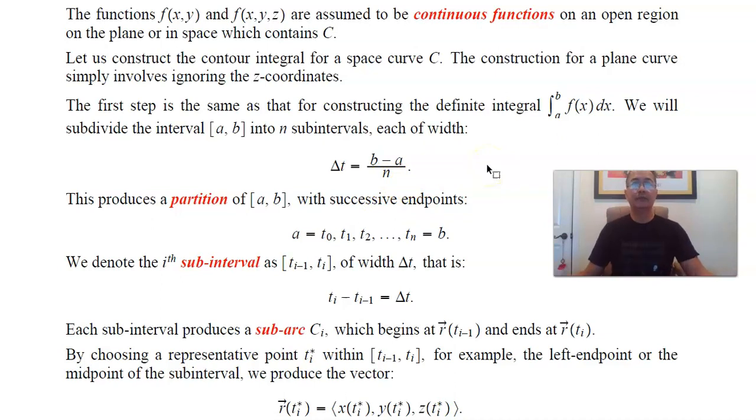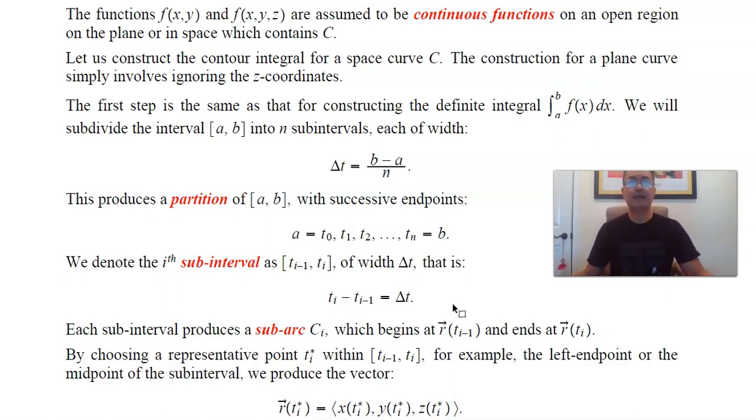Just like way back in chapter 2, this partitions our interval into subintervals, and the endpoints are a, which we will call t sub 0, and then t1, t2, you move to the right by delta t, hopping along each time until you get to the right endpoint, which we will call t sub n. It's going to be b. Every subinterval has the same length, delta t.